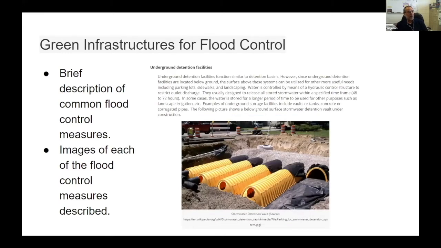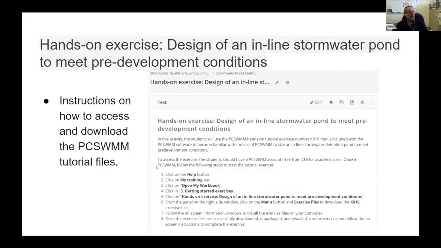And the underground detention facilities are currently being used in urban settings where you don't have enough space to put a detention pond. Each one of those goes in one section, and they have images with references to those images.